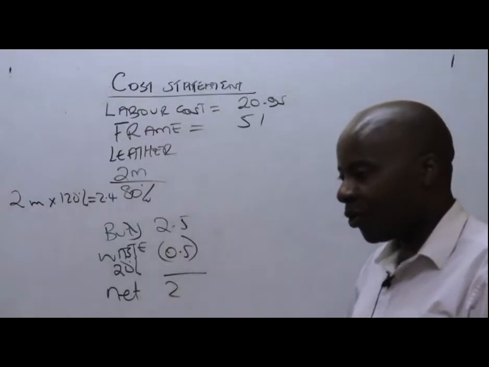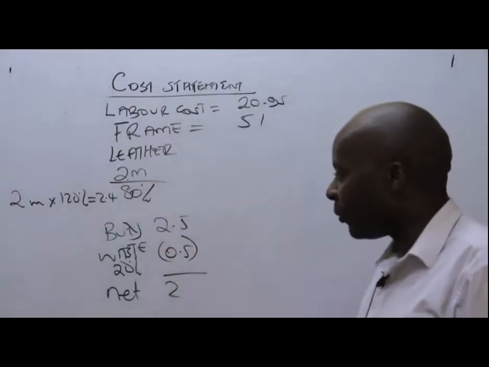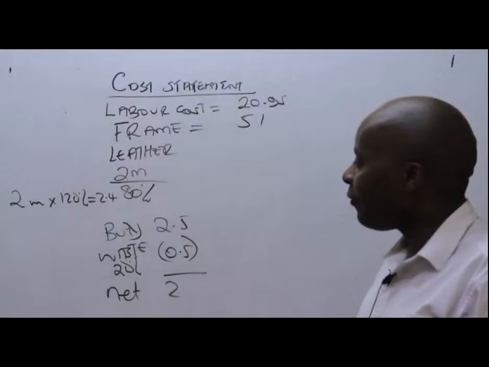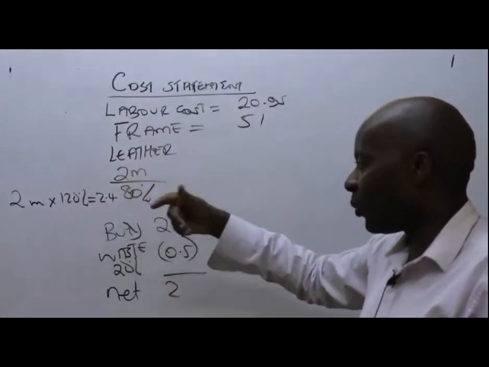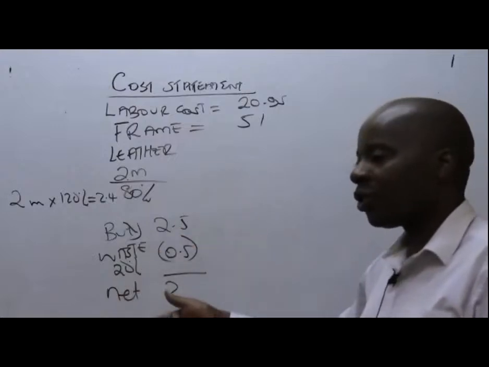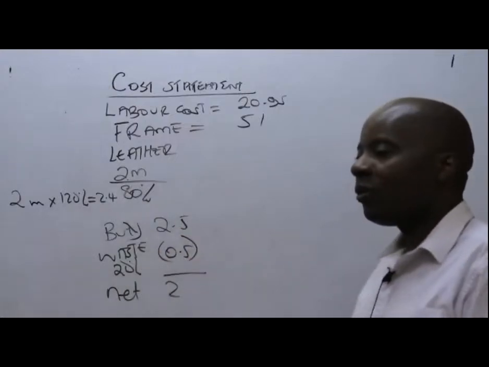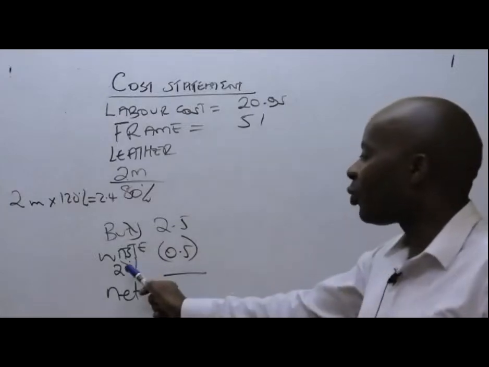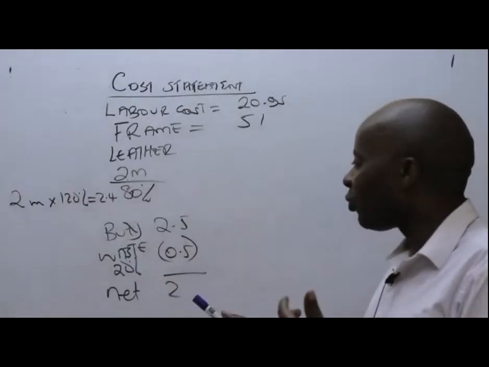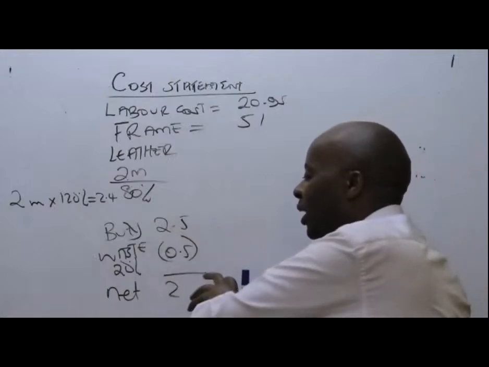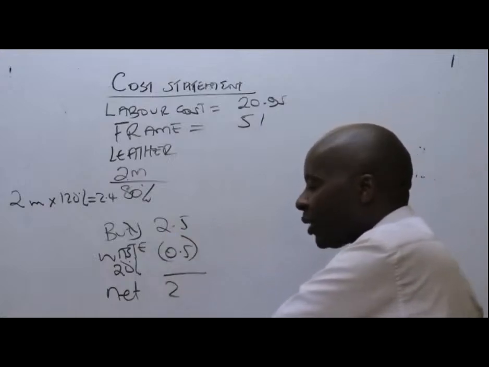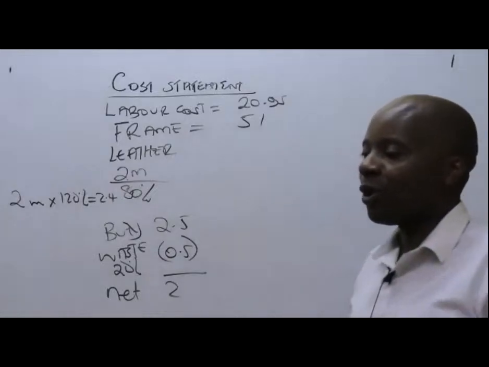For example, we have these 2 meters over 0.8, which tells us that we should buy 2.5 meters. Once we buy the 2.5 meters, we will have to waste 20%. 20% of 2.5 gives us 0.5. So when you subtract the waste, you get the net meters, which are 2.